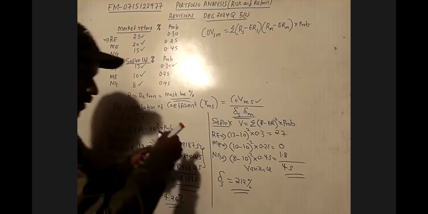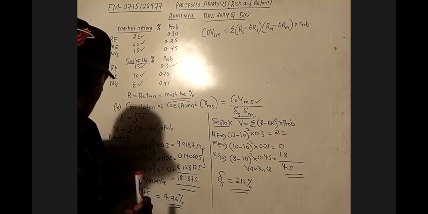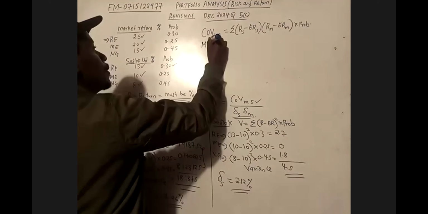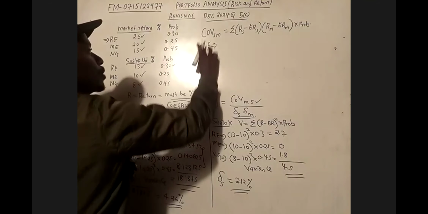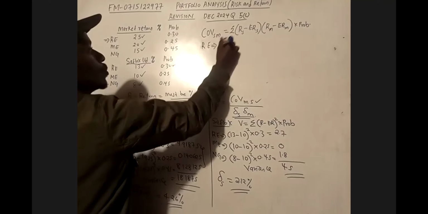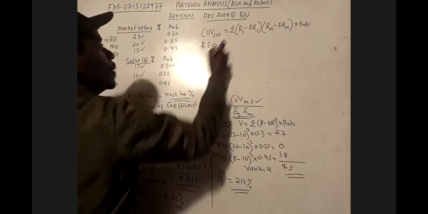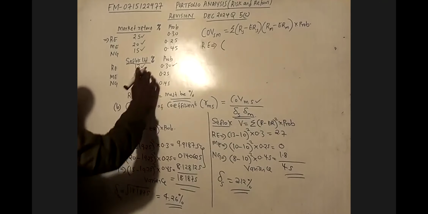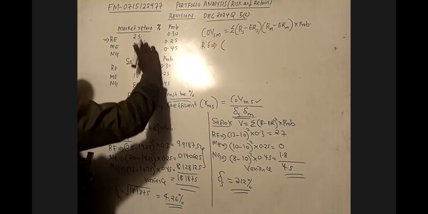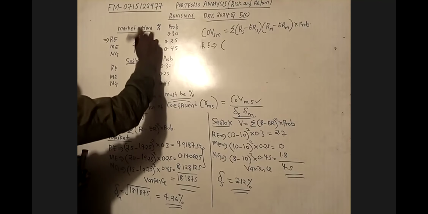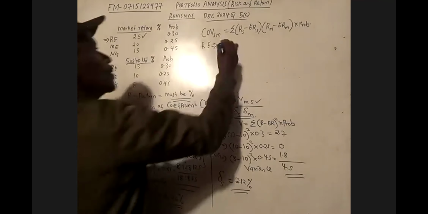So we start with the rapid expansion. That is the rapid expansion. So let us start with the first one, when R is 25.